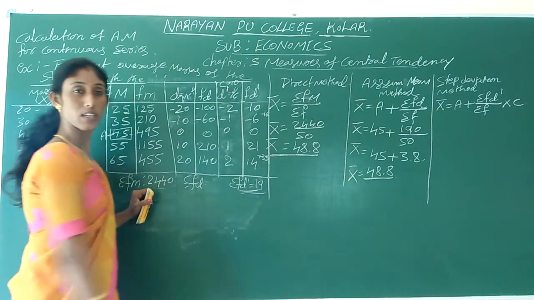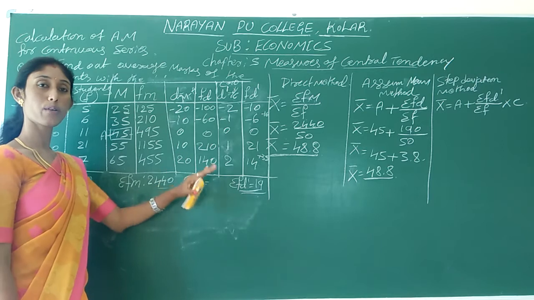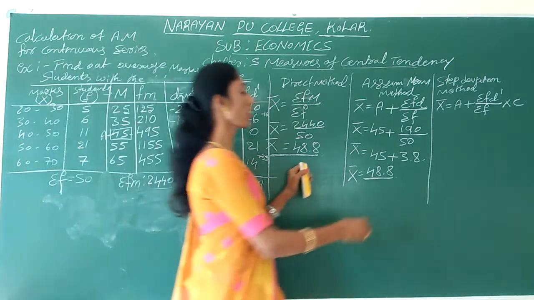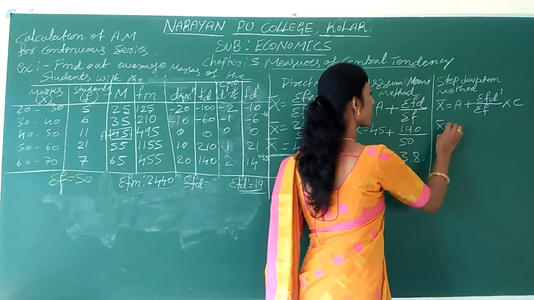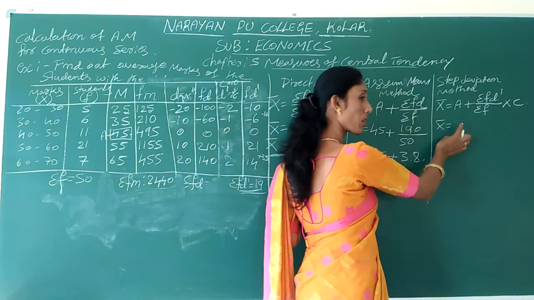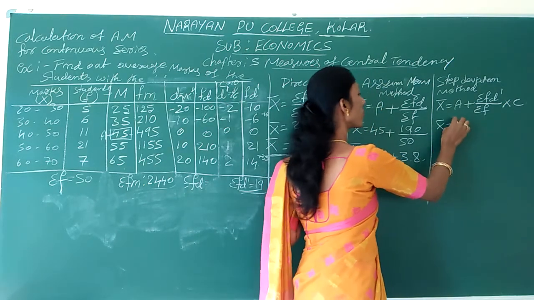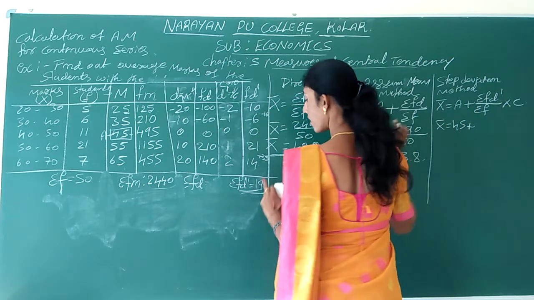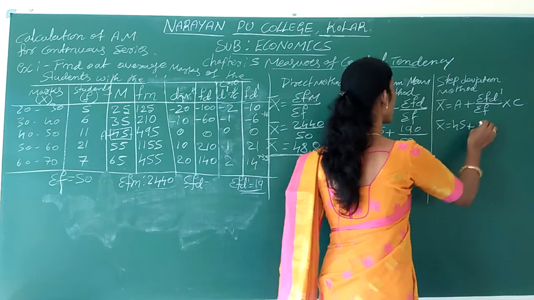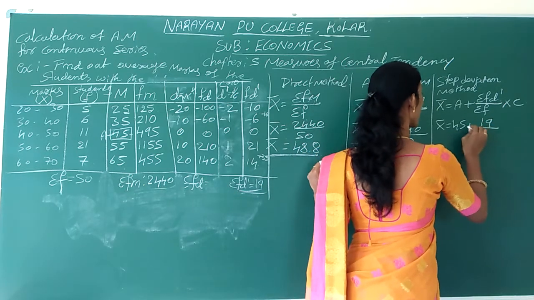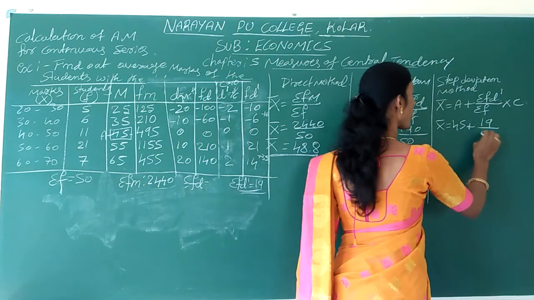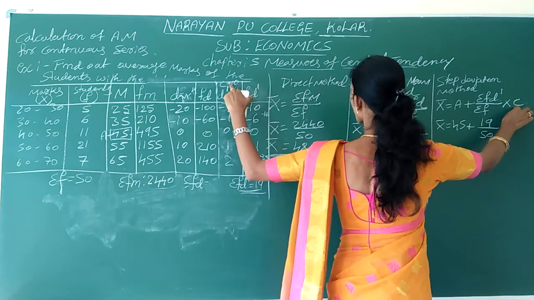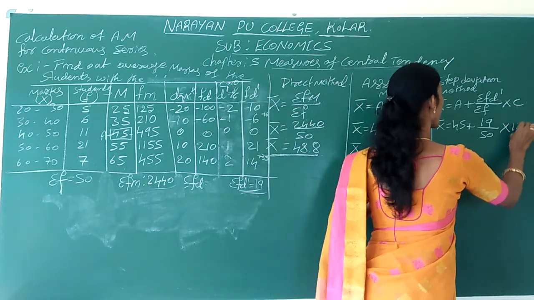Right? Yes. Now we can apply these values into the formula. Here a is the assumed mean, 45, plus sigma f into d dot, 19, and sigma f is 50, into c, the common factor we have taken, 10.